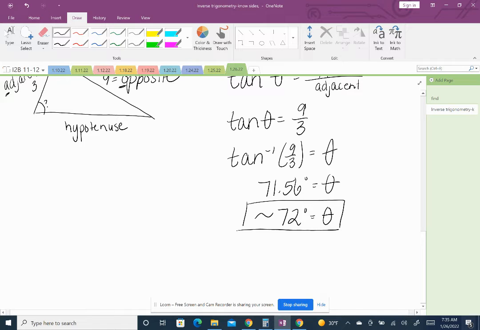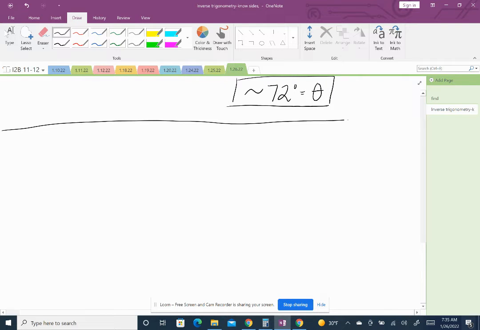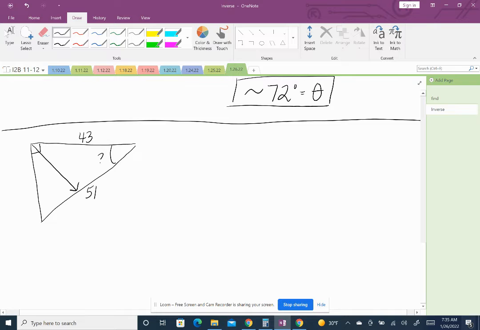Let me go ahead and do one more. Okay, so I'm looking at this angle right here. This is my right angle. This side is 43, and this side has a length of 51. So automatically, I could draw a line out.